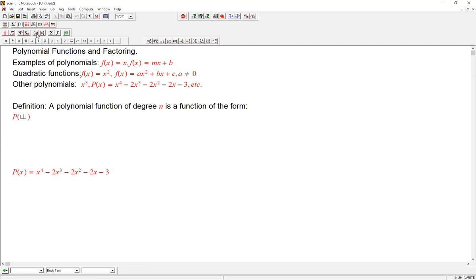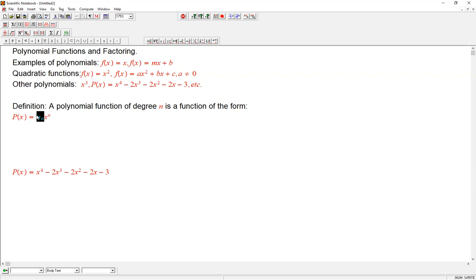P of x, P is the first letter of polynomial, so P of x represents a polynomial function. How does it look? a sub n x to the power of n.